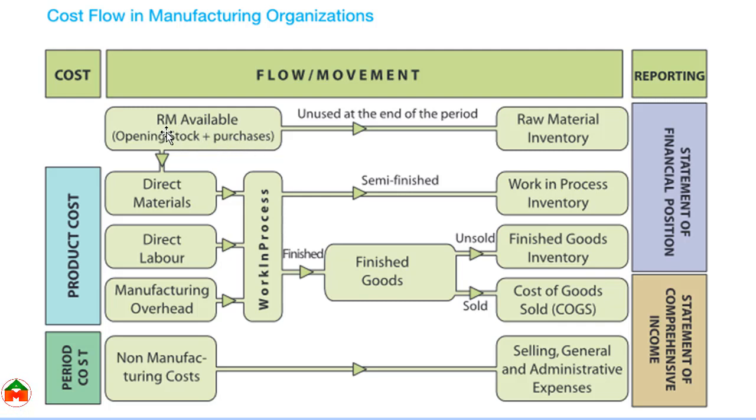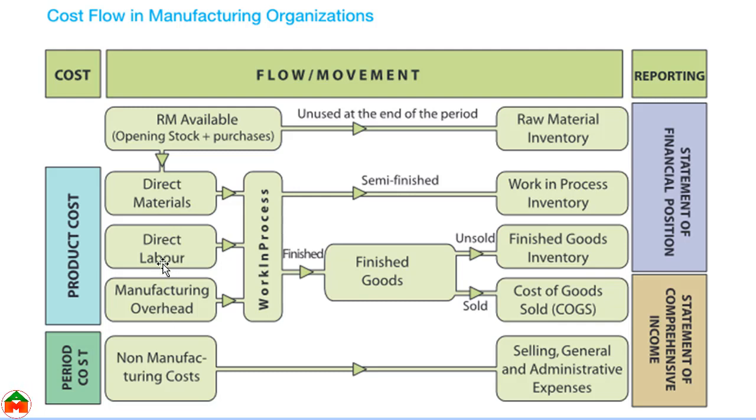If there is any raw material that is unutilized or unused, those unused raw materials should be shown as raw material inventory. After that, we can see direct material, direct labor, and manufacturing overhead.